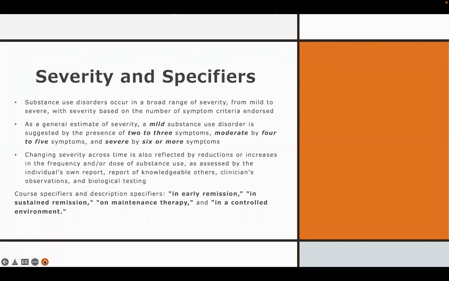So severity and specifiers. What we know about substance use disorders is that they occur on a range of severity from mild to severe.